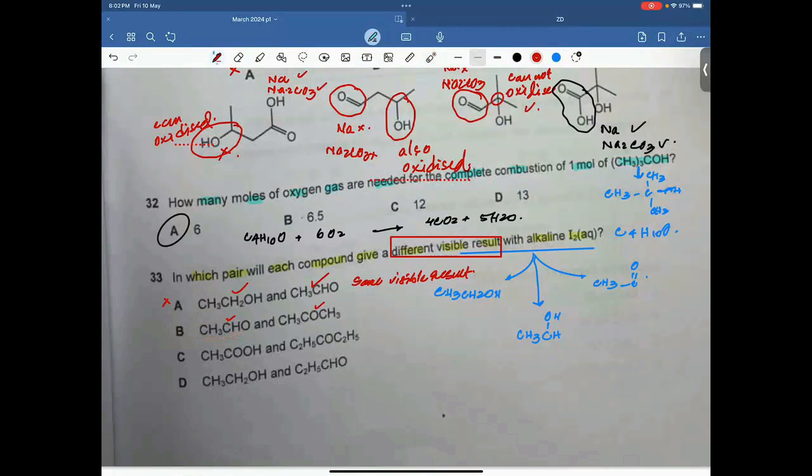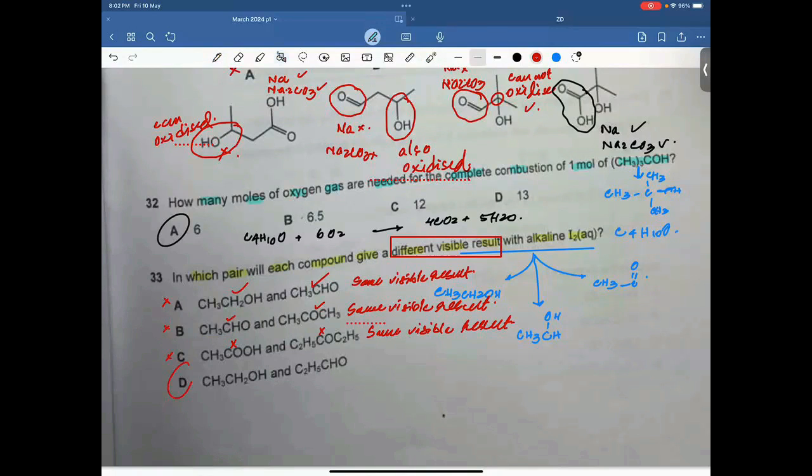This one also has a CH3CO group, which means the same visible result again. Cannot get a different result. This is a carboxylic acid, and a carboxylic acid cannot give a positive test of iodoform. This one cannot give a positive test of iodoform because it doesn't have a CH3CO group. So again, they cannot react. You will get the same visible result.